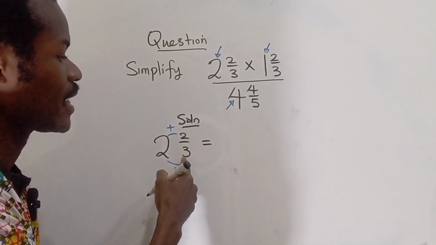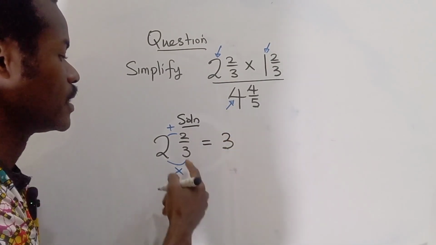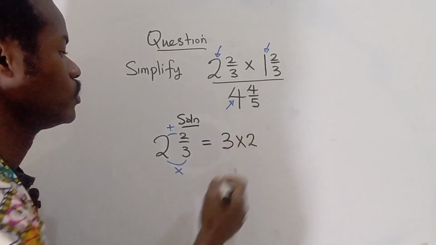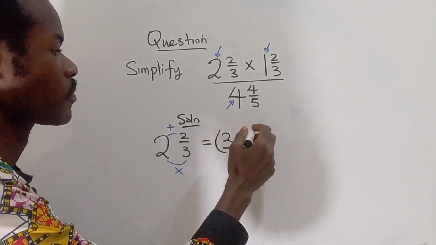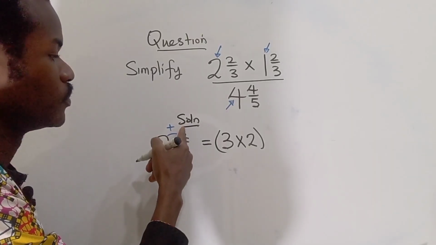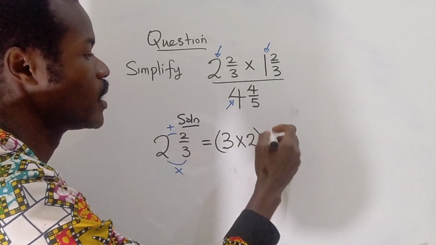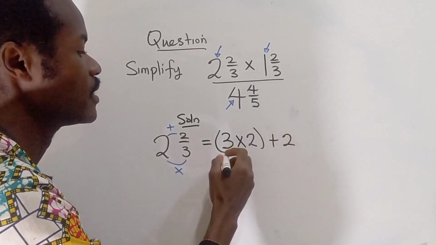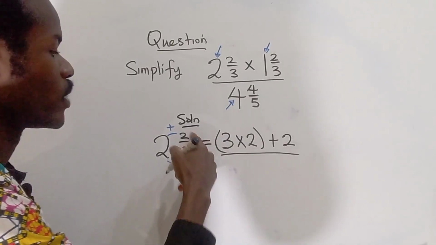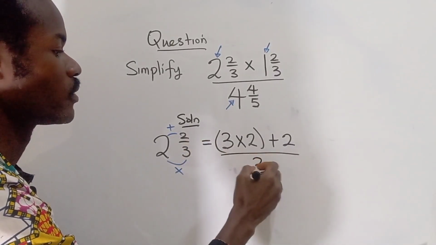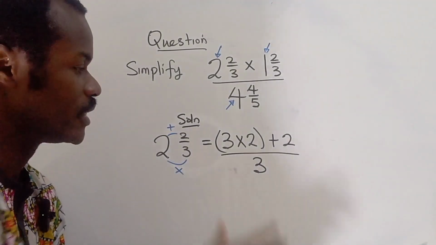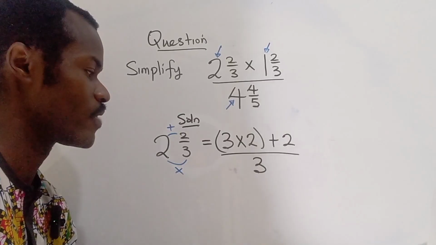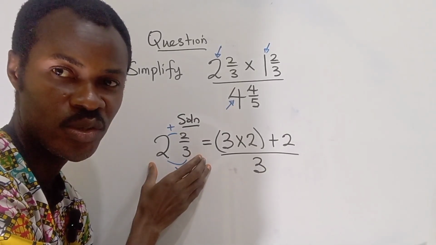So we start at 3, moving this way, so we multiply by 2. Then when we move to the numerator, which is 2, we use our addition, and then divide by 3. With this simple arrangement, you can easily convert a mixed fraction to an improper fraction.